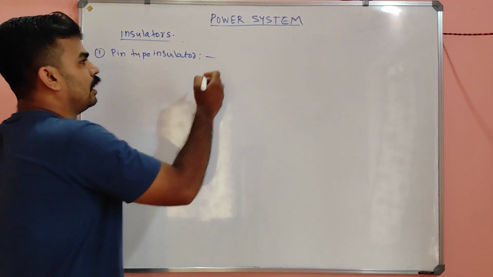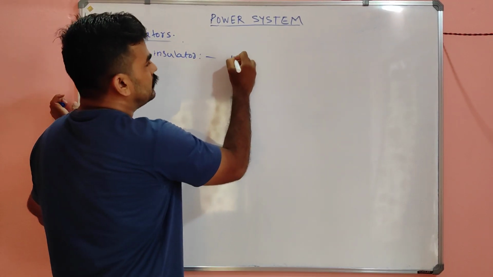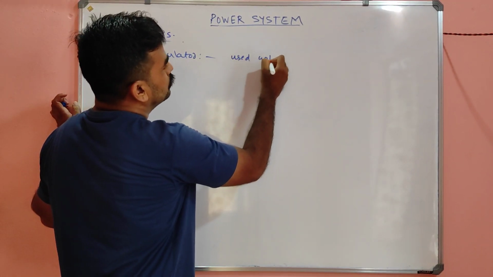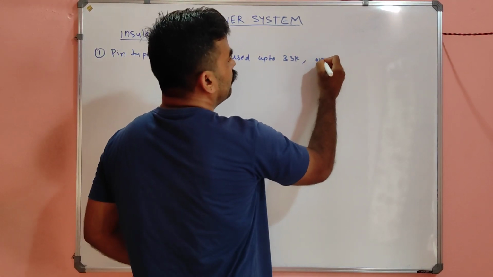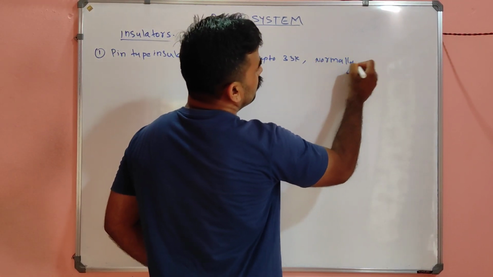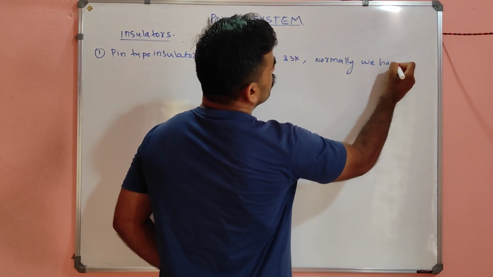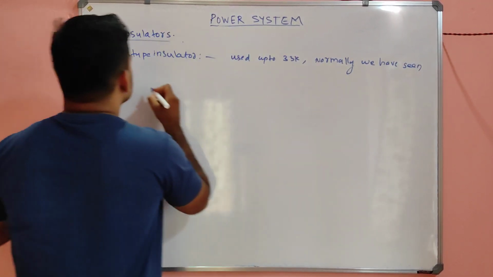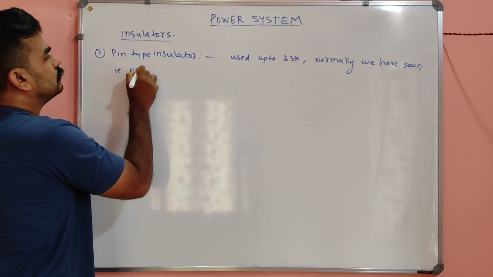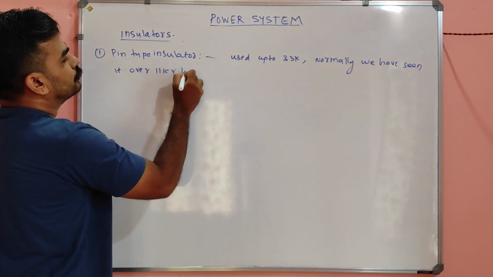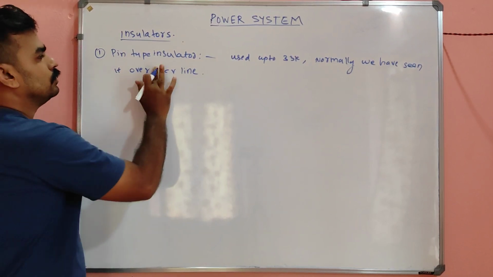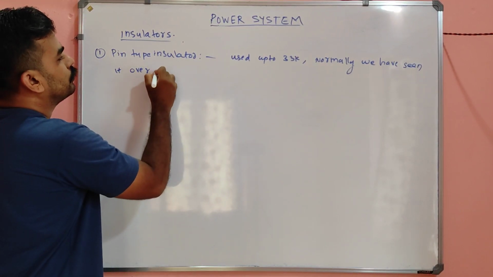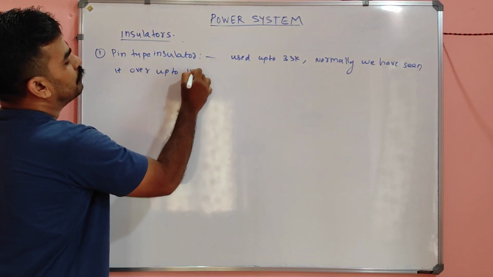Pin type insulators are used up to 33 kV, and normally we have seen it up to 11 kV lines.